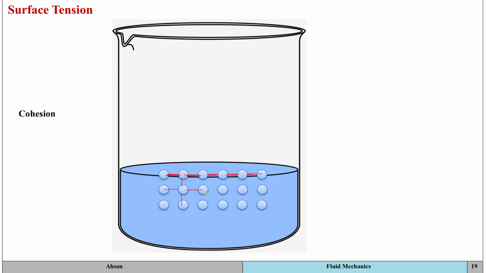So you could say that this hypothetical membrane or skin that is formed is a kind of tensile force acting on the surface. And that's where surface tension gets its name, that this tensile force is acting on the surface.